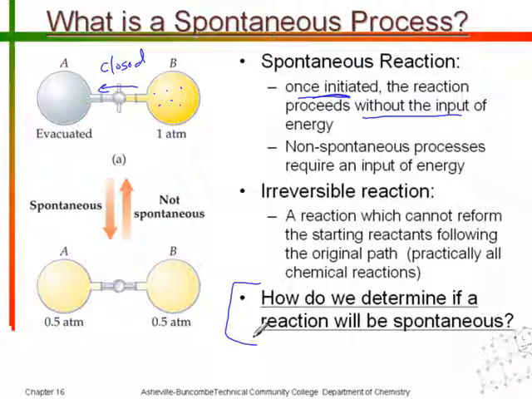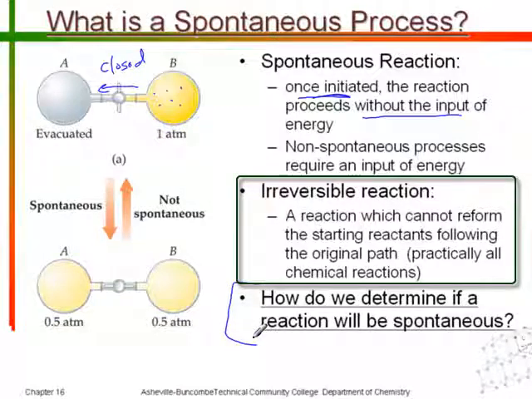Okay. Now, before we get into the guts of how we determine spontaneity in a reaction, let me just say a word about the different types of reactions that you're going to read about in the text. You're going to read about reversible reactions and irreversible reactions.